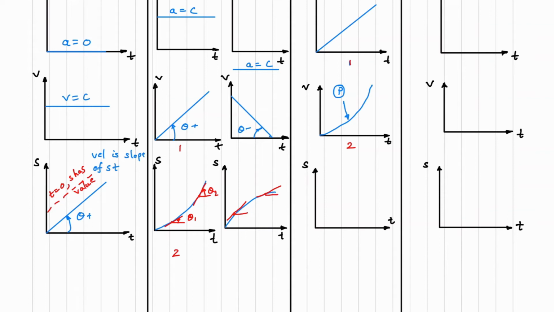Now in case of ST diagram, how to draw the ST diagram? Velocity is equal to ds by dt. Okay, so here velocity is increasing, so slope should increase. Okay, and velocity is positive, so slope should be positive. So it will be same like that, but only difference is this will be cubic curve. Okay, so here this curve will be cubic curve and degree is 3.